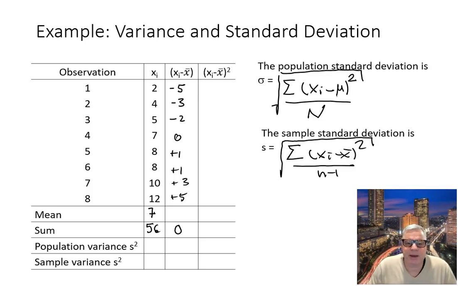Okay, so let's square everything. Negative 5 squared is 25, 9, 4, 0 squared is 0, 1, 1, 9, 25. What's the sum? 25, 50, 59, 63, 64, 65, and 74.